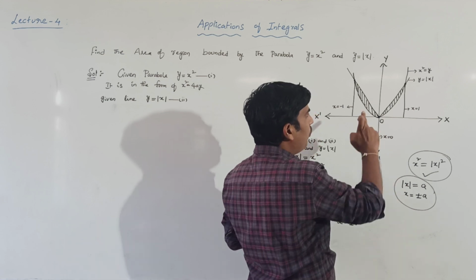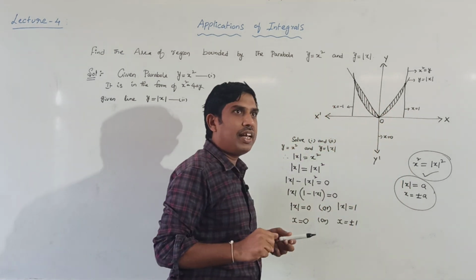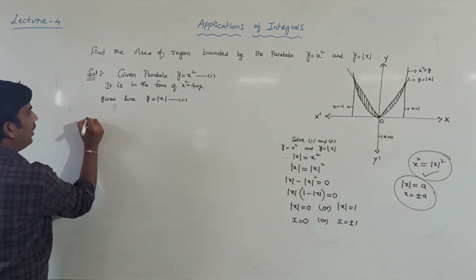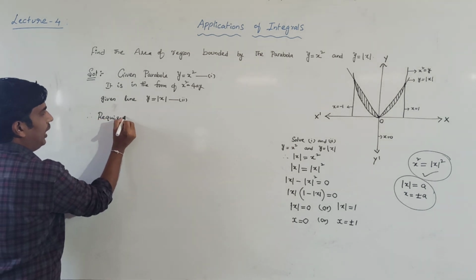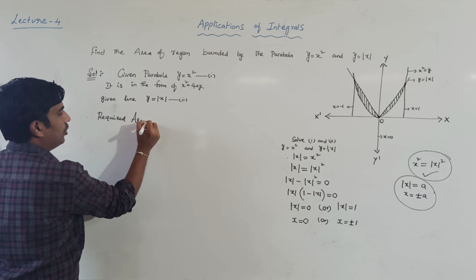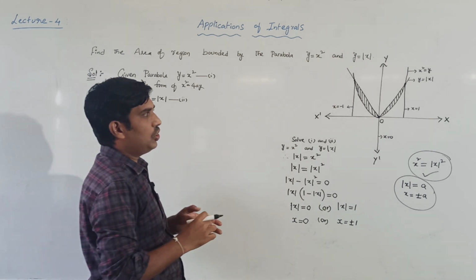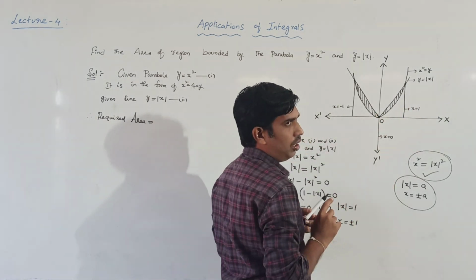Understood? So one part area calculate, multiplied with the 2, will get the required area. So therefore I will write here, therefore required area. So one part area I will evaluate. Suppose if I took from 0 to 1.